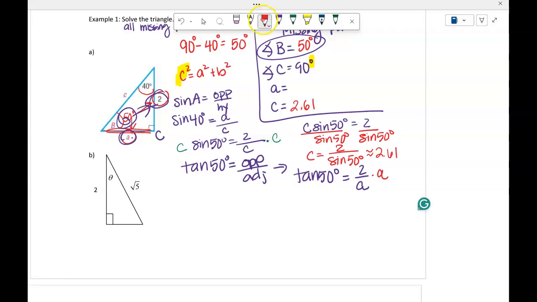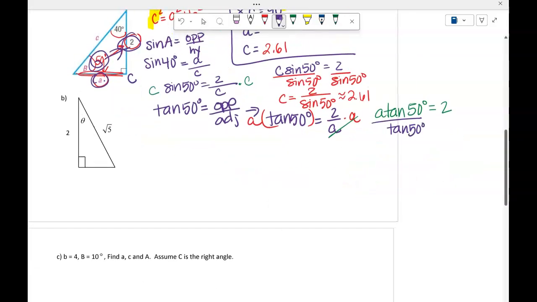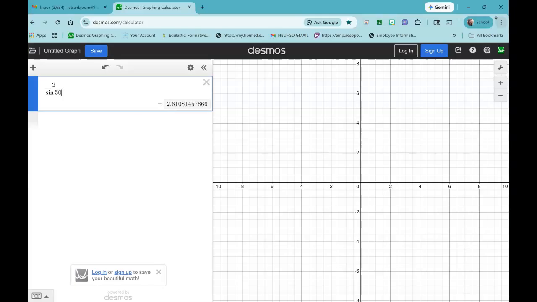Similarly, we're going to multiply both sides by a. Then we have a times tangent of 50 degrees equals 2. Our job is to solve for a, so now divide both sides by tangent of 50. So that's going to reduce. So a is 2 divided by tangent of 50, again we need to use a calculator, and round to 2 decimal places. I'm going to go to decimals again just to show you.